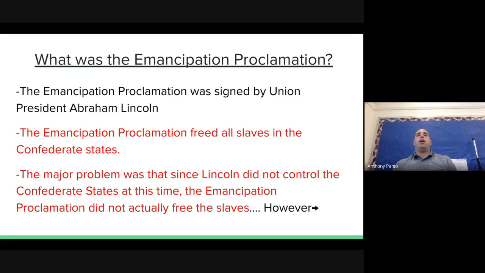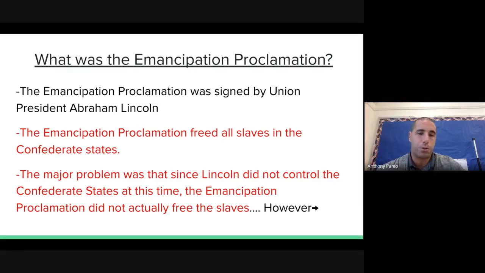The reason why it doesn't, if you're having trouble following, well, he's the president, how come when he says something, isn't it something everyone has to follow? Technically, yes, but you need to remember something. Lincoln does not own the Confederacy. It's like Mr. Panio trying to tell your ELA teacher how to run her class. I run social studies, she runs ELA, right? Miss Garcia runs ELA. I don't tell her how to run her class. It's like Mr. Martinez trying to tell another school how to run their school.